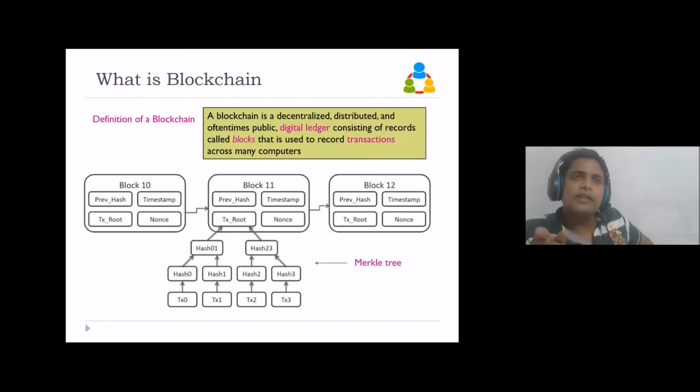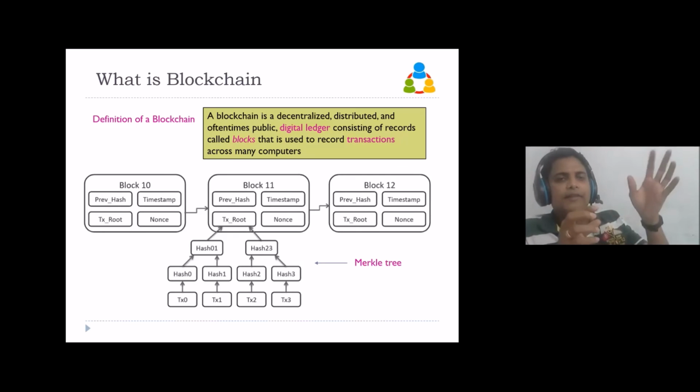The moment your block's hash changes, your 100th block and 101st block will get disconnected, because the 101st block was referring to the 100th block having a hash, for simplicity, of 1111.